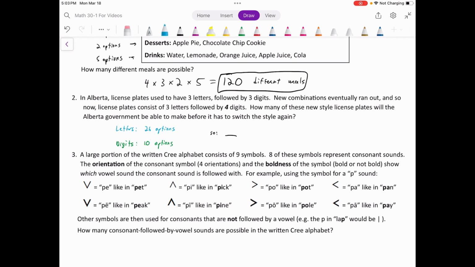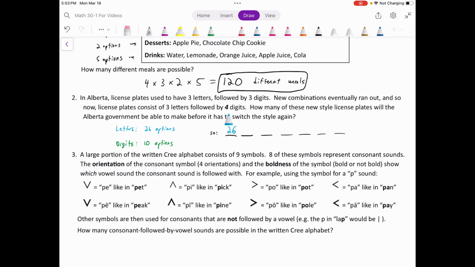The fundamental counting principle tells us we can just multiply our choices for each thing we have to do in order to get the total number of different ways it could turn out. Often with these, it's handy to keep track of our choices, so I like to say, okay, we're going to choose 3 letters and then 4 digits. And that just lets us think about how many spots we have to fill.